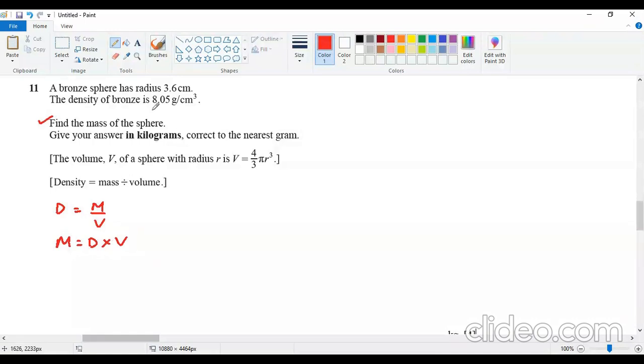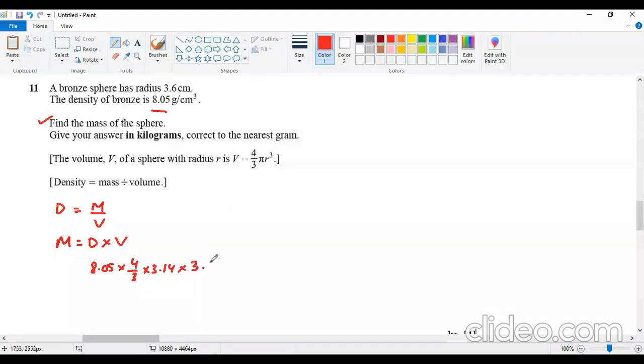And the density, which is given as 8.05, is going to be multiplied by the volume, which is 4 over 3 pi. Instead of pi you can write 3.14, and the radius which is given as 3.6.